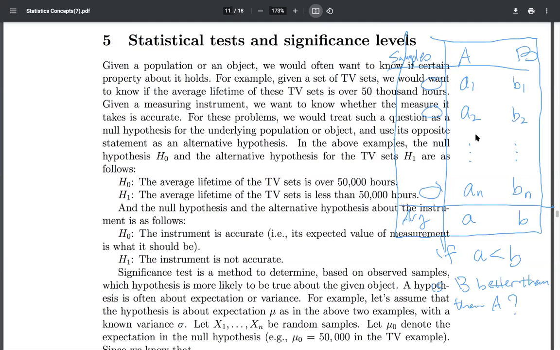From a statistical point of view, we want to know more, because the average is a collective behavior, but the B values may fluctuate a lot. If B fluctuates a lot and A does not, can you still say B is better?